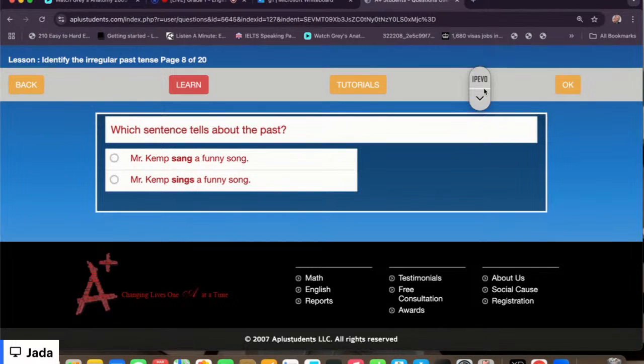Alright, so we have Mr. Kem sang a funny song. Mr. Kem sings a funny song. So which of these is the right one here?